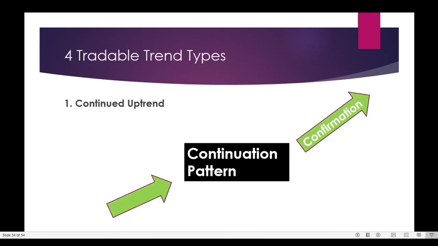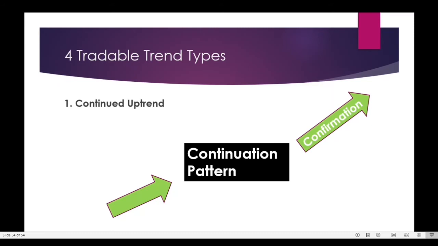Now, we want to place trades when there are trends that are likely going to reward us. All right. So there are 4 tradable trends that we can use to build wealth and to be successful in our trading days and be successful on our trading journey.